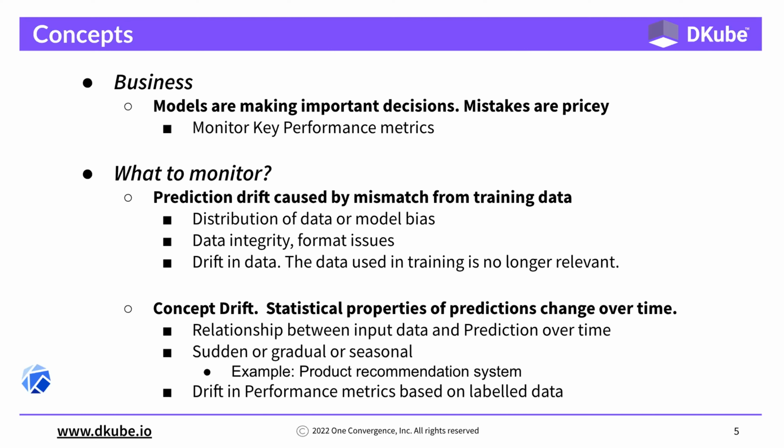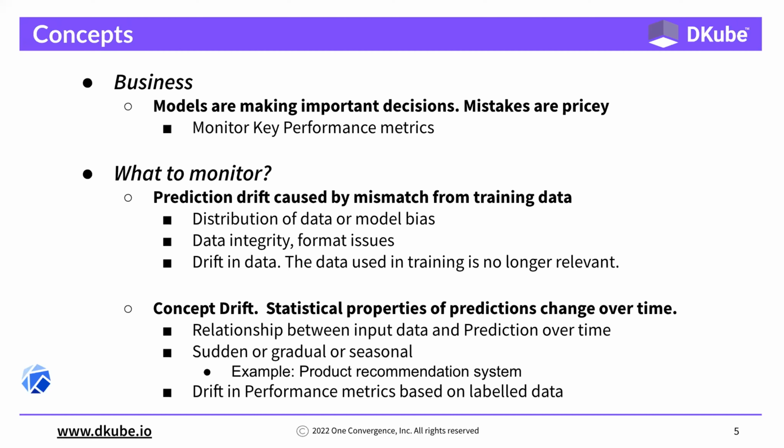And then there is also concept drift. Basically, that gives you a relationship between the input data and the prediction. For example, take a model for a product recommendation system. When there is COVID, your recommendation system suddenly needs to change to recommend something else.